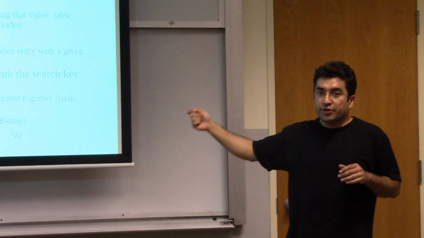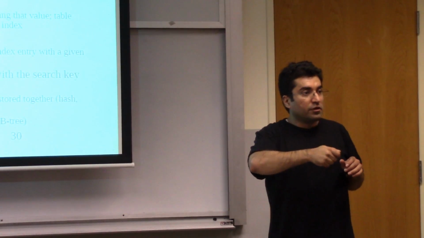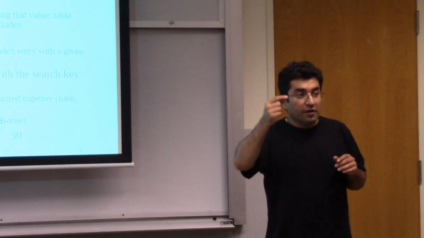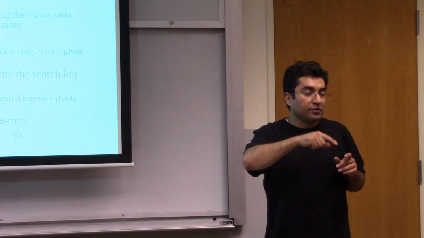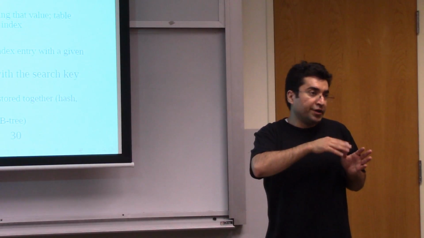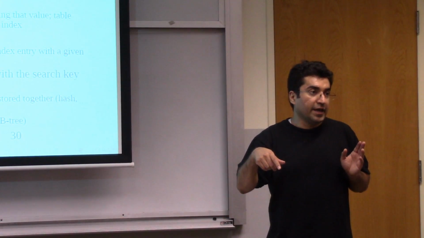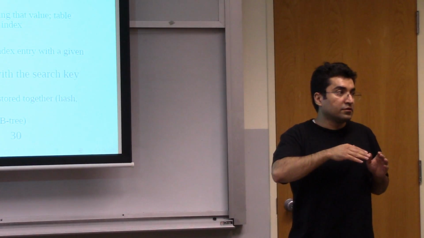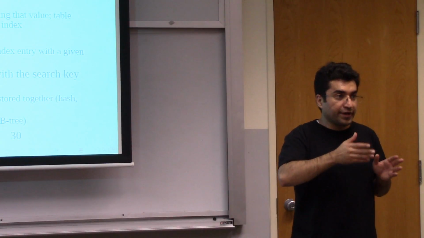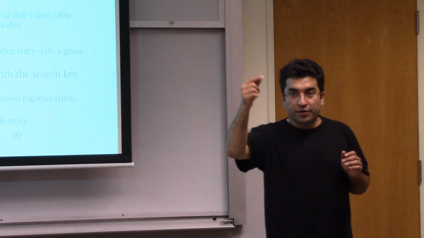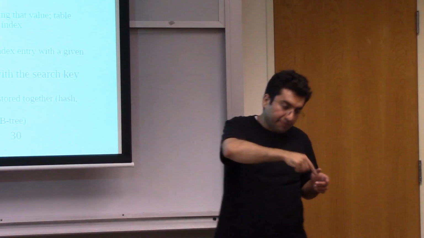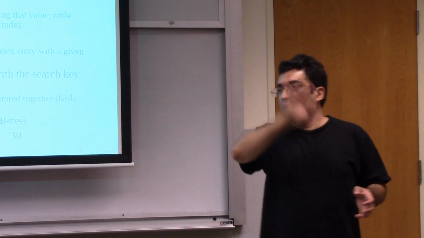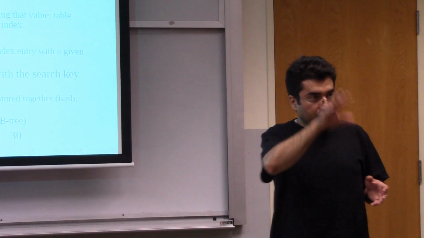Does the data structure give you a sort mechanism? Yes. How? If you traverse the tree with in-order traversal, then the tree will be sorted, right? In the in-order mechanism, you are going to the left, visiting the left side, going to the parent, visiting the parent, and coming down. This is a sort mechanism.